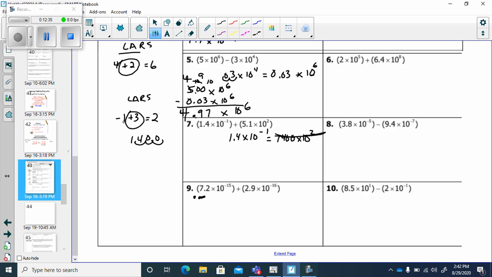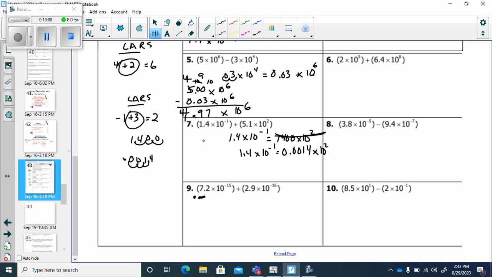To get from -1 to 2, we're adding 3. That means we go left, okay? So 1.4 times 10 to the -1 means that we're going to go left 3, okay? That would be 1.4, 1, 2, 3, 0.0014. Sorry, I was going the wrong direction. 0.0014, okay, times 10 to the 2nd, all right?